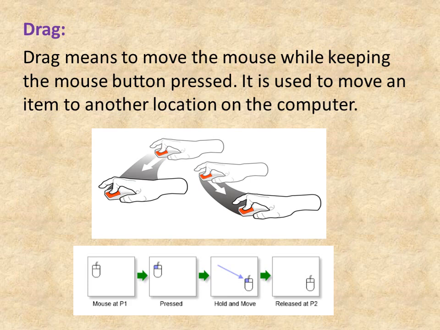Just see the picture here, how the first button is pressed, and how it is moved to any other place where you want to take that item. You can just press the button and take it wherever you want, and then just leave it, release it.